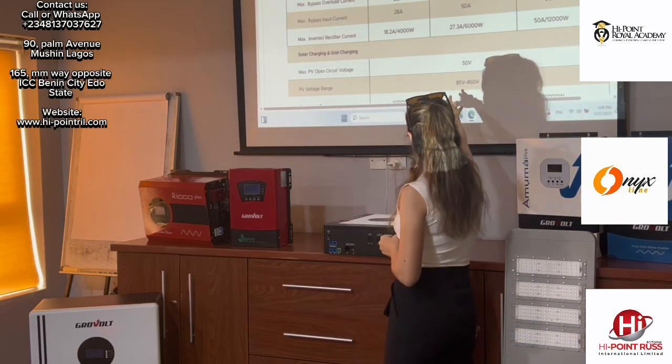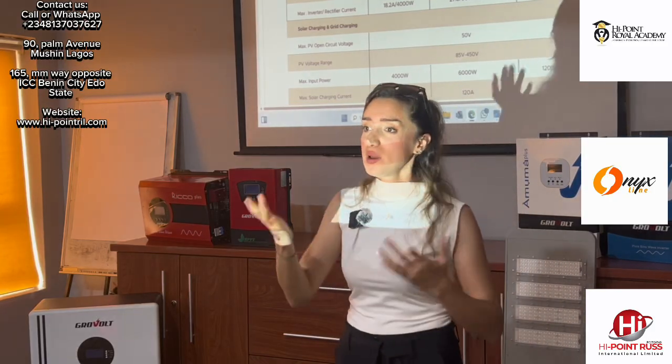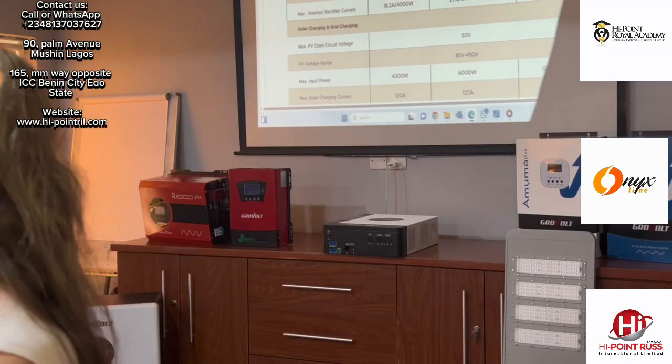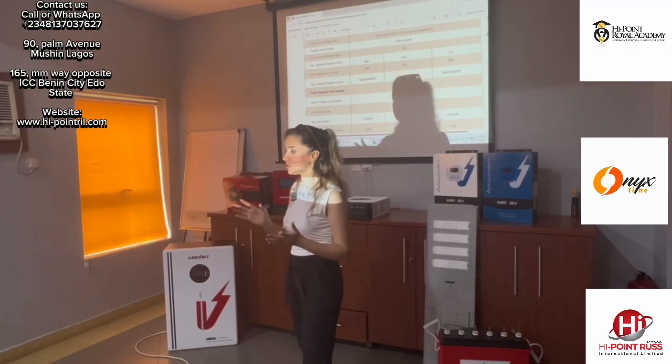The range for the PV starts up from 85 volts. So how many panels, at least, do I have to add? As we said, it's 550 W, and the VOC for each panel is 45 volts.